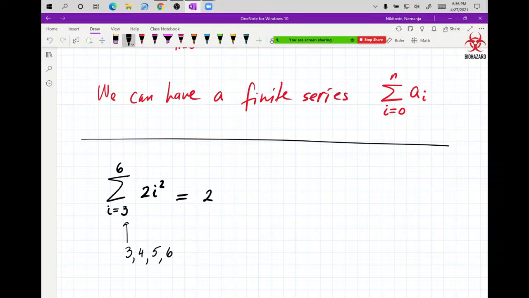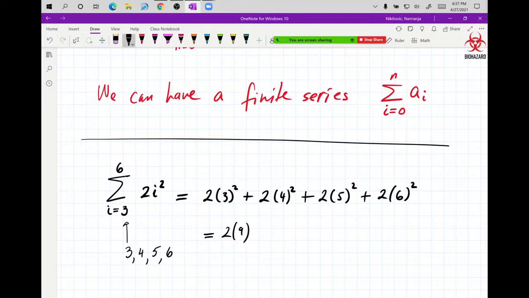So I have 2 times 3 squared plus 2 times 4 squared plus 2 times 5 squared plus 2 times 6 squared, which is 2 times 9 plus 2 times 16 plus 2 times 25 plus 2 times 36.